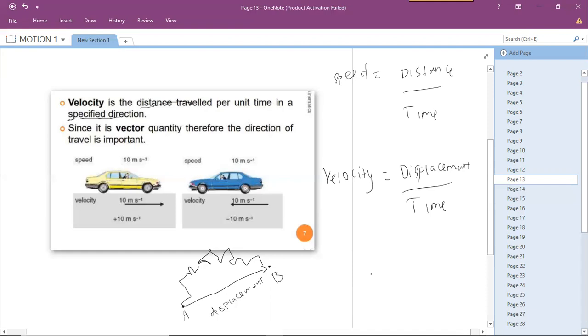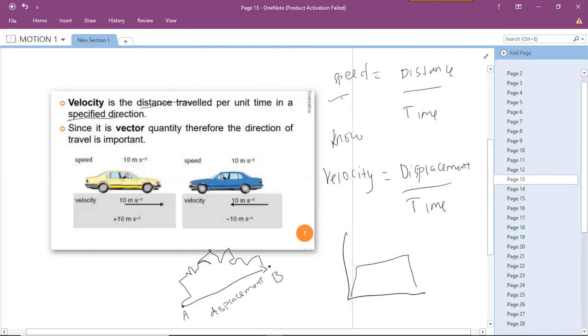But again, remember, in a straight line, there's no difference between speed and velocity. This only applies for motion in a straight line when we're looking at our motion time graphs. But by definition, by formula, you'll be doing the same thing. Speed is distance over time, velocity is displacement over time. So know your definitions.